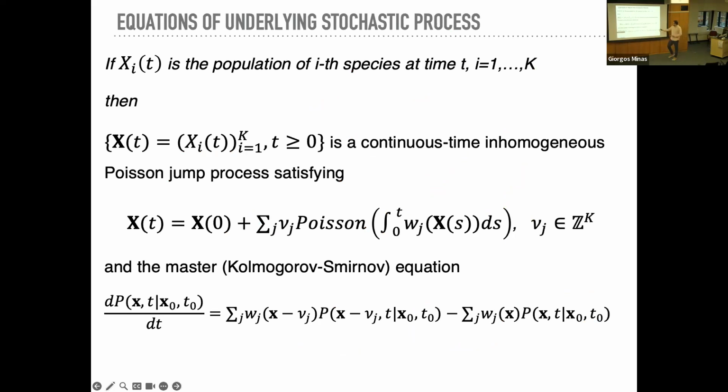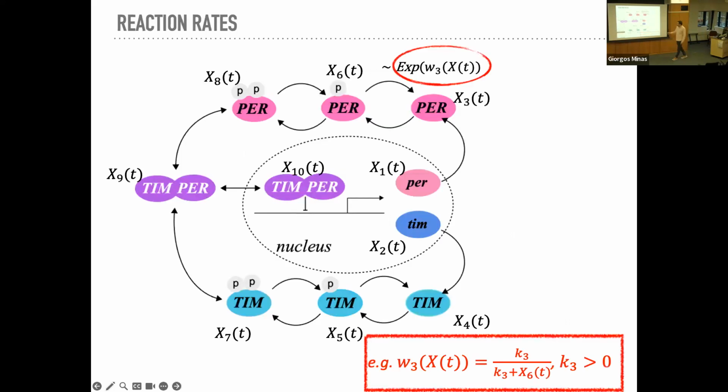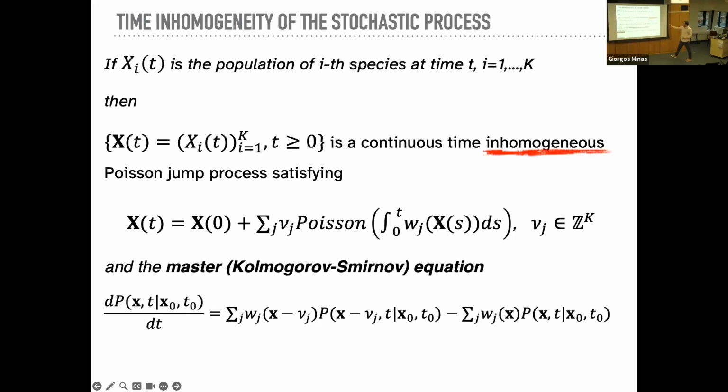Now, there is one characteristic I want to talk about, these rates. The rates of the exponential times depend on the current state, right? The dependence is depending on the type of reaction that you have. Some of them are linear functions, some of them non-linear functions, like this one. But the key thing is that they depend on the current state, which means that we have inhomogeneity in terms of time.